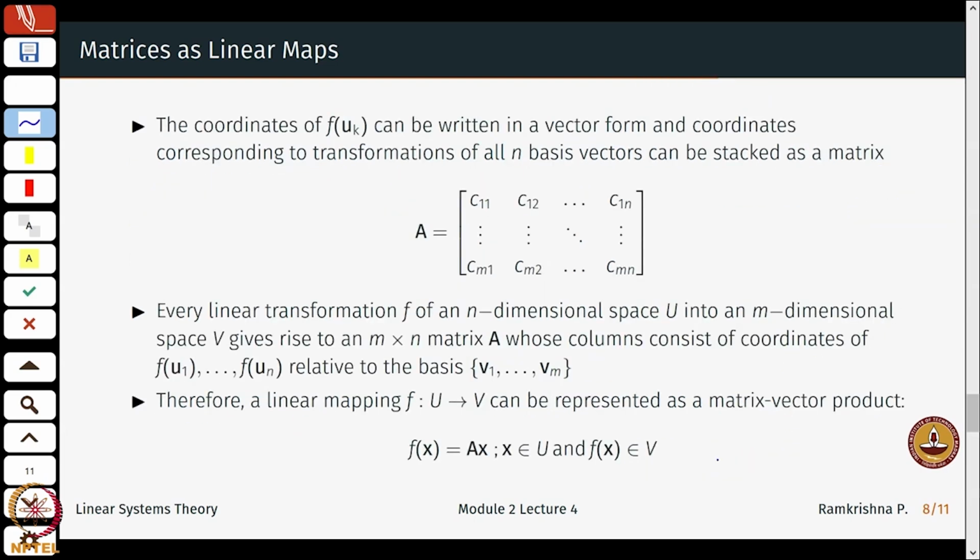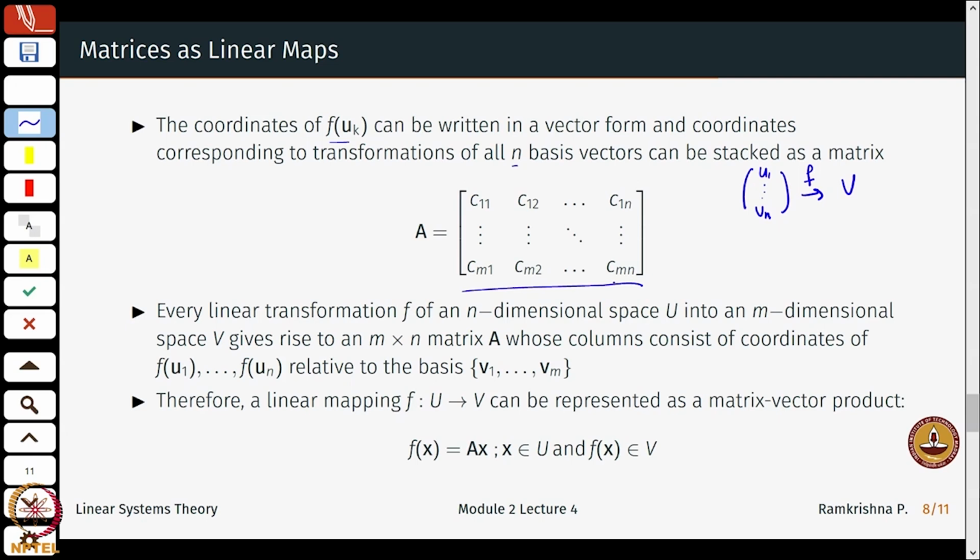Okay. So, the coordinates of f of uk can be written in a vector form, and if I just generalize this to all n basis vectors u1 till un, then I can just write it as the map which transforms all these vectors u1 till un into v via the map f by just this matrix representation.